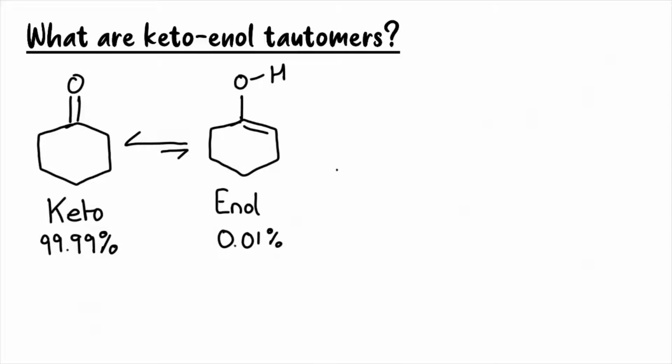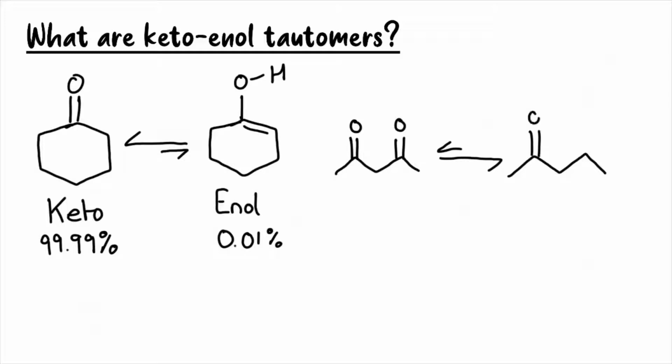So let's take acetylacetone for example, which of course has two carbonyl groups. We then see the enol being formed on the right, where one of the carbonyl groups is converted into an alcohol group with a carbon-carbon double bond. So the keto form on the left and the enol form on the right.